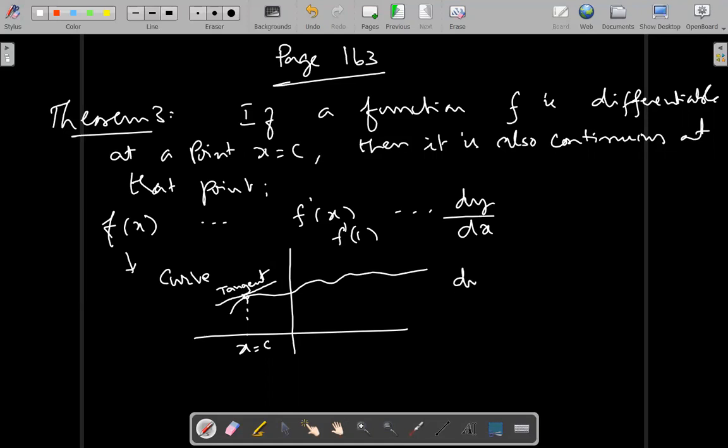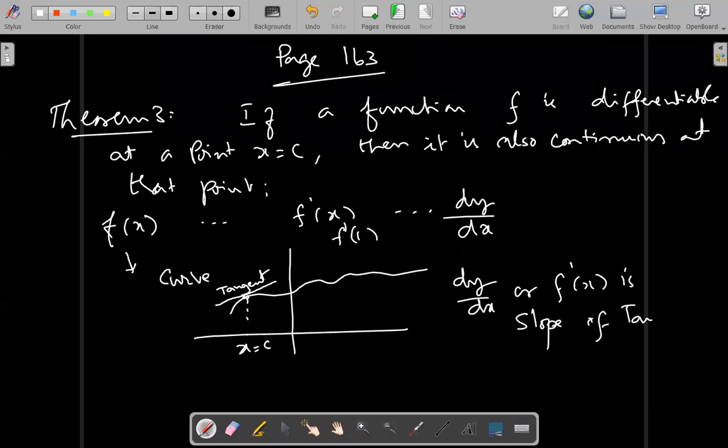So dy by dx or f dash x is the slope of a tangent at that point, in this case at x equal to C.